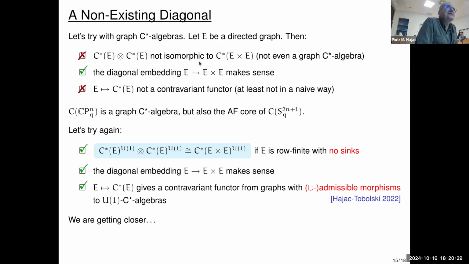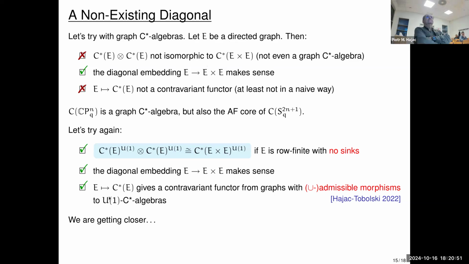I also have to have this edge condition that you have to kill all the edges that end there. These two conditions also imply that it's hereditary saturated. Anyway, you get the contravariant functor to C*-algebras.